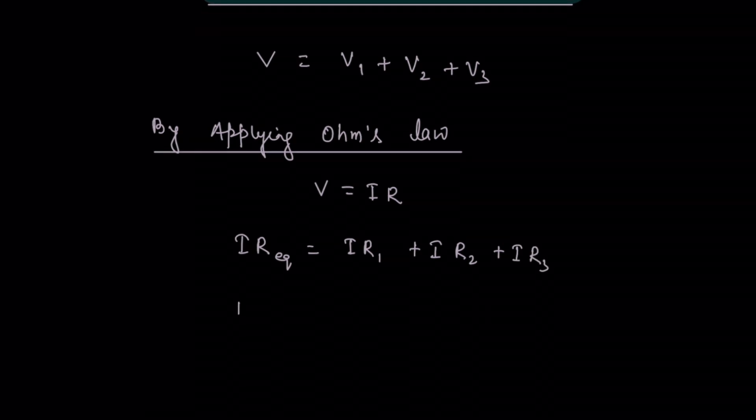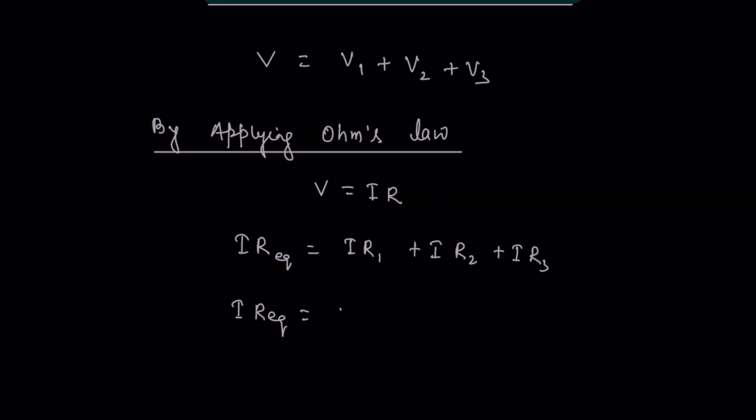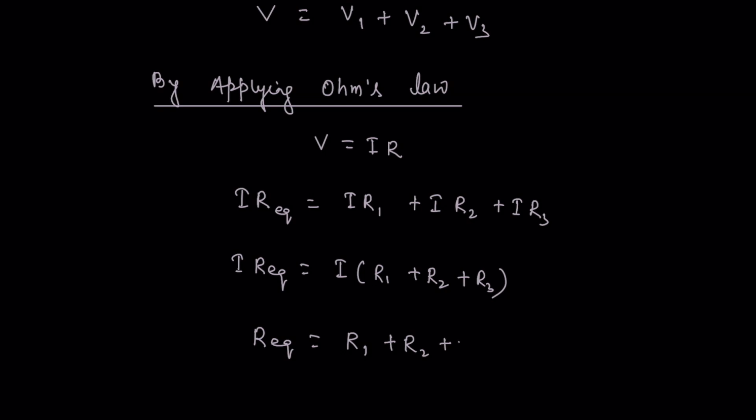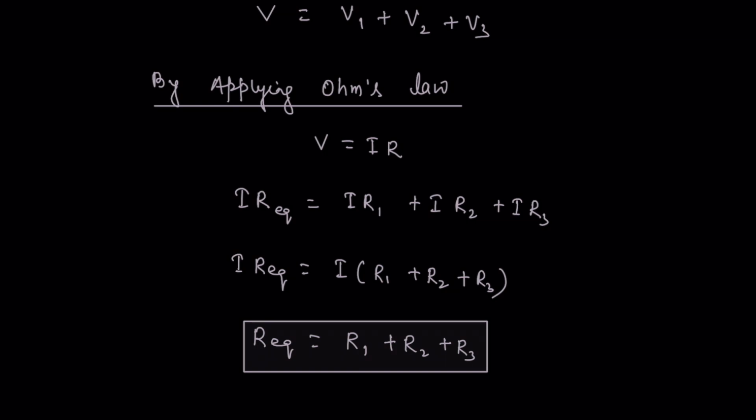We can take current common, I cancels, so total equivalent resistance is equal to the sum of individual resistances. So this is the formula to find the total resistance in series.